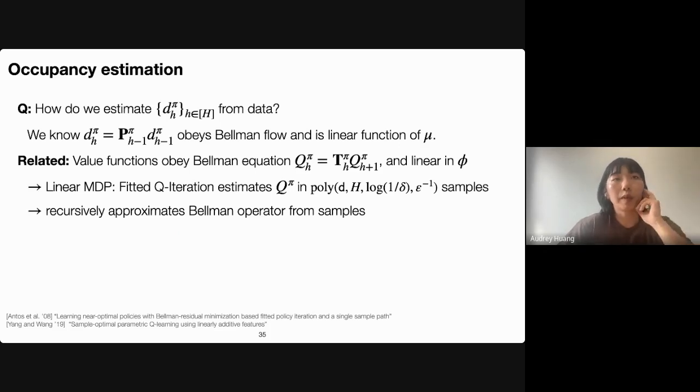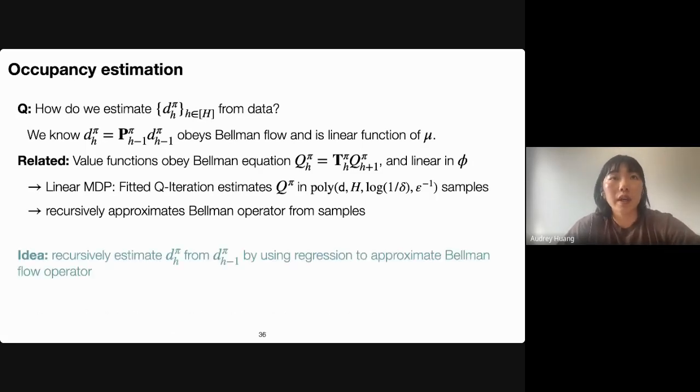From the linear MDP literature, we know that fitted Q iteration, or FQI, can estimate Q^pi with a sample complexity that's polynomial in the terms that we care about. FQI recursively approximates the Bellman operator from samples. Our idea is to do something similar and recursively estimate d_h^pi from d_{h-1}^pi by using regression to approximate the Bellman flow operator.